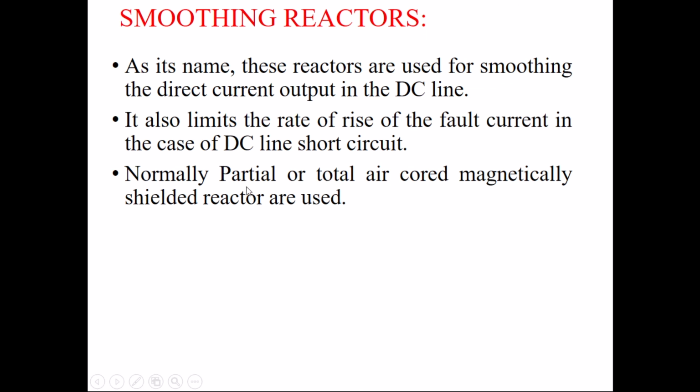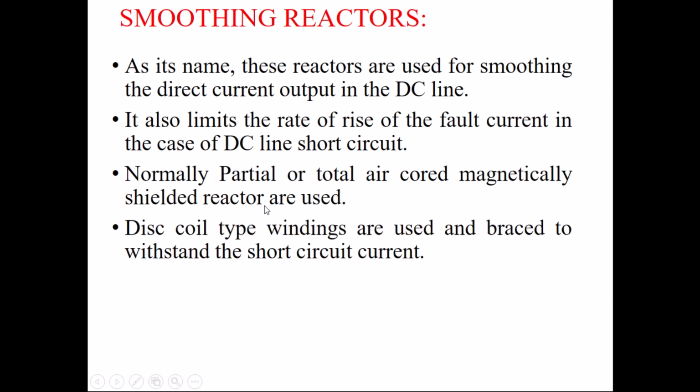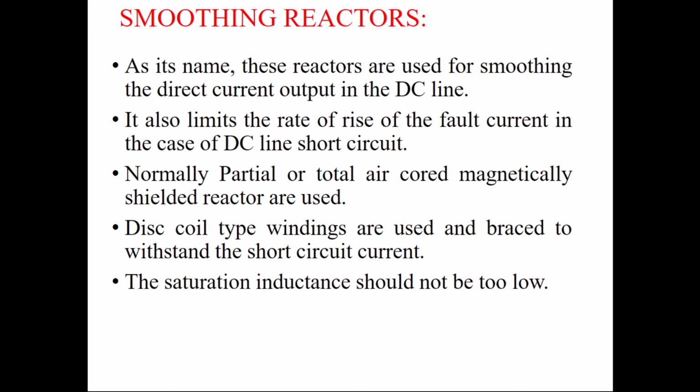So there are different types of reactor; the smoothing reactor we use on the DC side of the HVDC converter. One is partially, or the other is totally, air core, and generally a magnetically single reactor is used, with a disc type coil. Basically this reactor is nothing but a winding, one type of inductor, and it is braced very tightly to withstand the short circuit current.